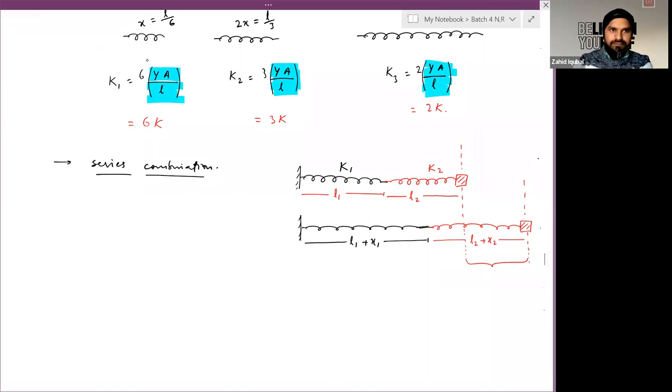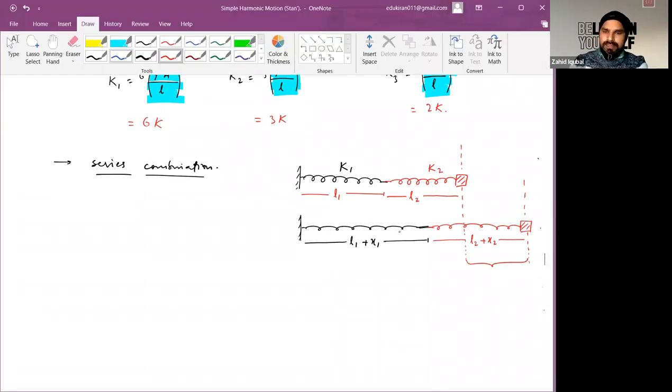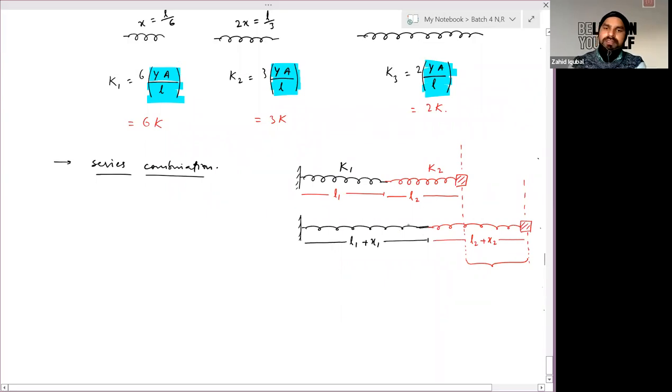Now, in this series combination, the springs are massless. So for a massless spring, string, or rod, tension at each point will be the same. Similarly, since the springs are massless, the force developed at each point will be the same in both springs.